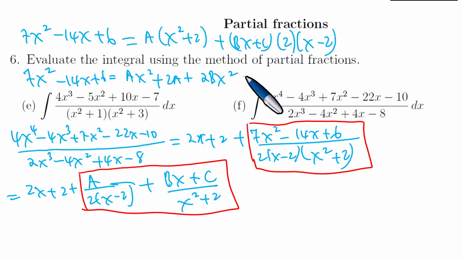Bx times minus 2, minus 4Bx. Plus 2Cx. Minus 4, which is minus 4C.